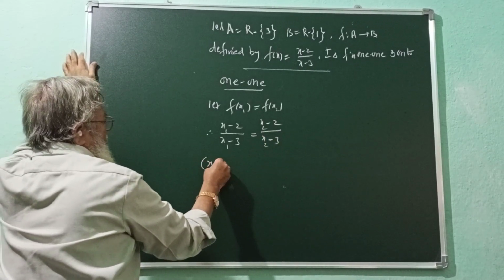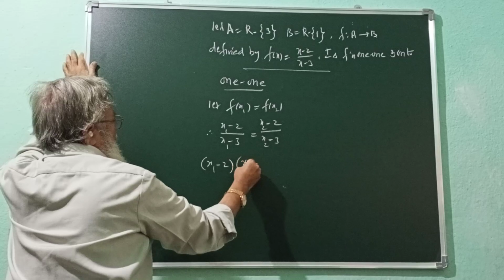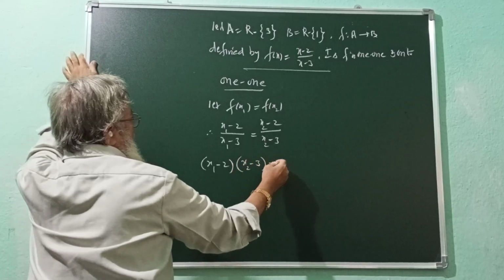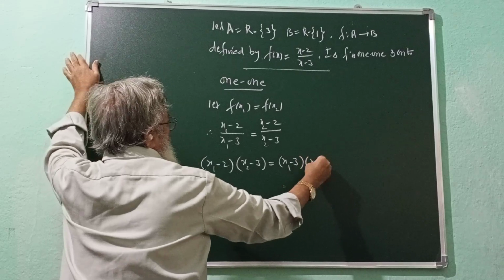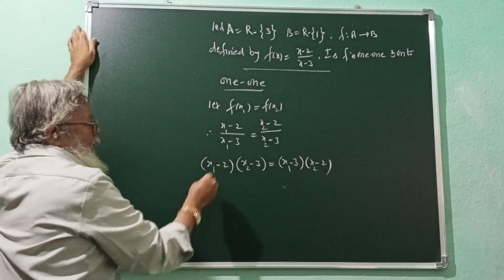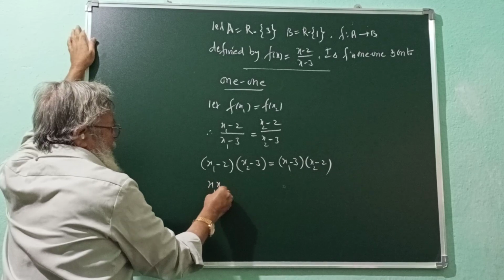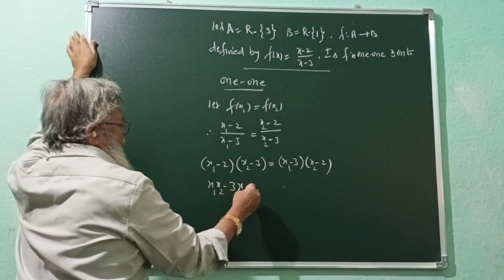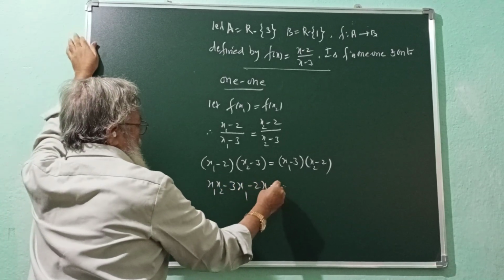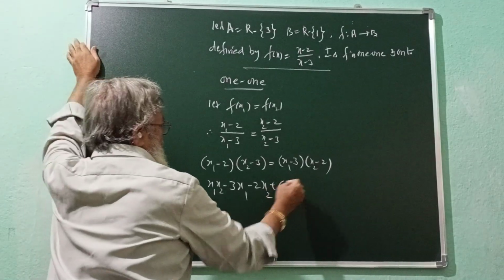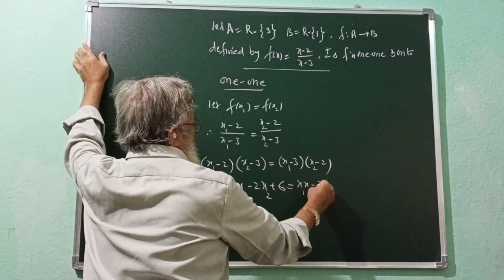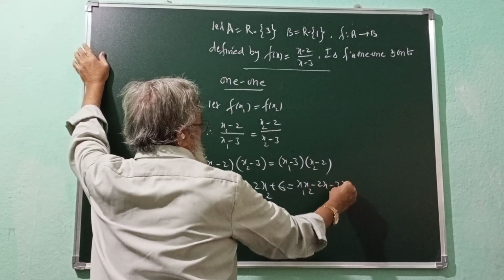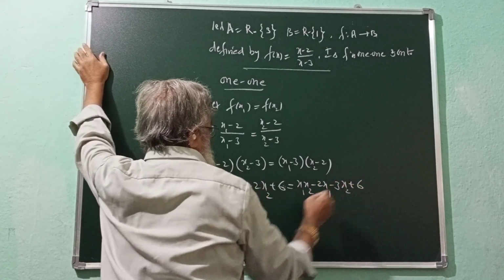By cross multiplication, (x1 minus 2)(x2 minus 3) is equal to (x1 minus 3)(x2 minus 2). Now expanding: x1 x2 minus 3x1 minus 2x2 plus 6 is equal to x1 x2 minus 2x1 minus 3x2 plus 6.